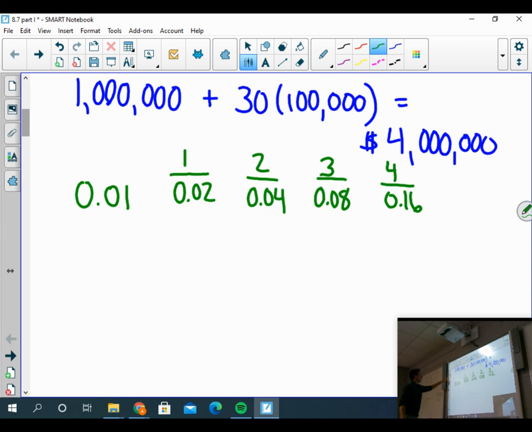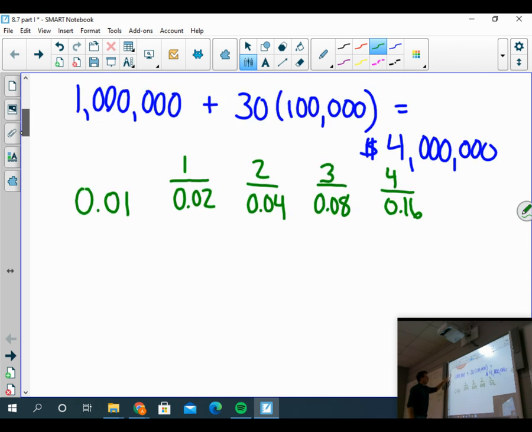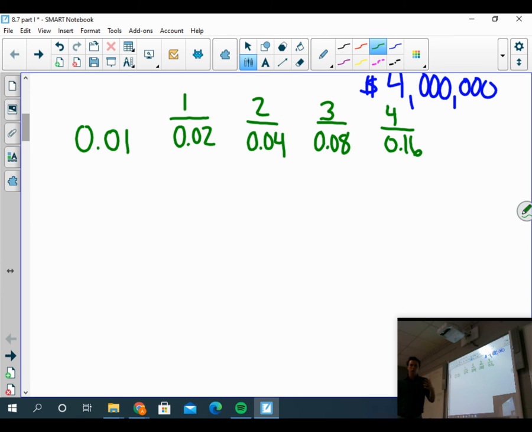You get the idea here. I start with 1 penny, and then my money total gets doubled every day for 30 days. And maybe you sat there and said, well, wait a minute, a different way of thinking about this, instead of writing out that whole chart, is, Mr. Carter, all that's happening is you start with 1 cent, and then at the end of day 1, you're going to multiply your total by 2, because that's what doubling means.